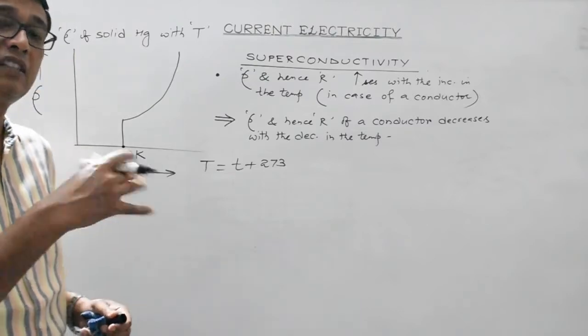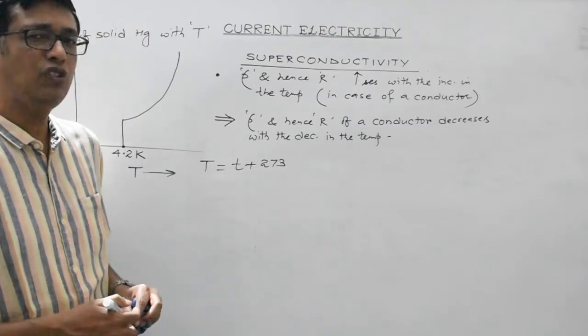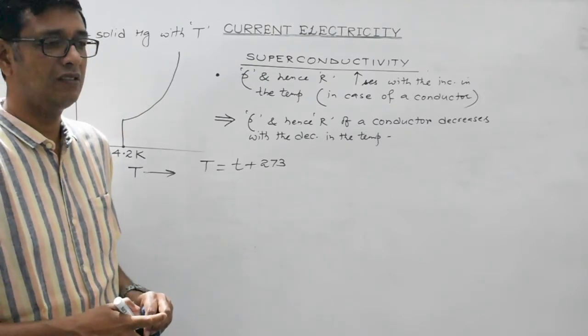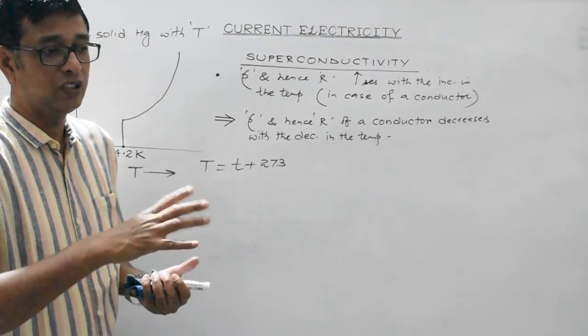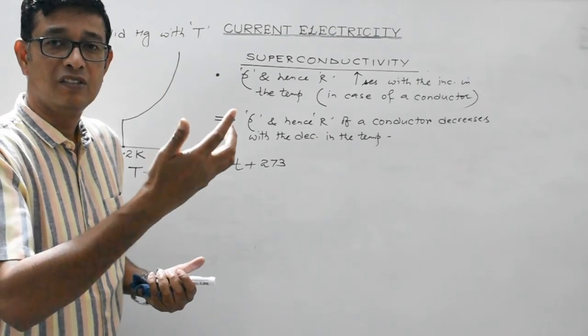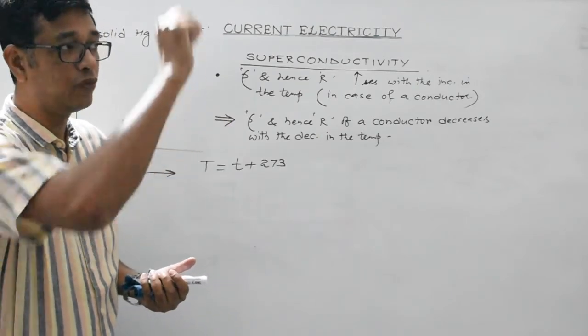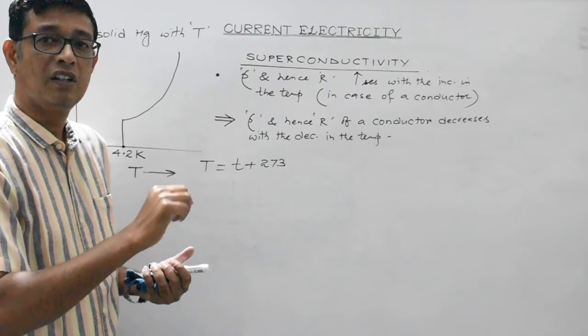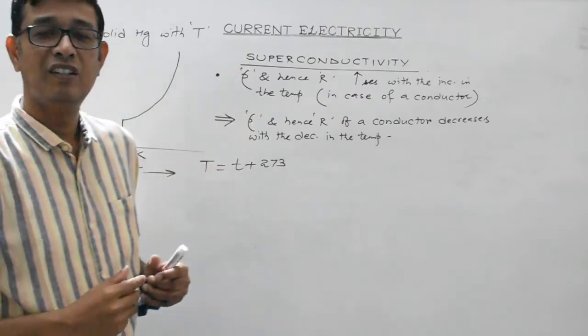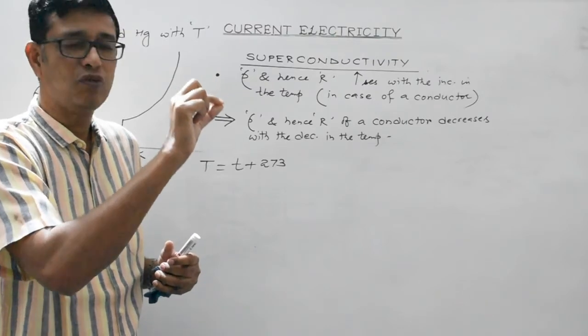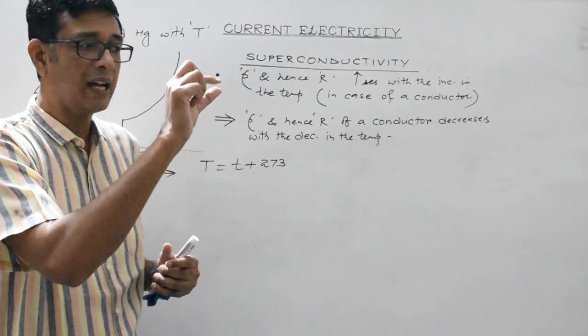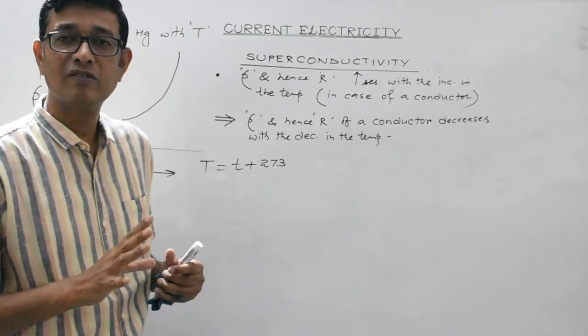So what happens at such low temperature? How does the resistance become zero? Let's theoretically interpret it. I have told you, students, with the increase in the temperature, the positive ions start vibrating more vigorously and with greater amplitude. Consider the reverse scenario. Now with the decrease in the temperature, the vibrations will be very small and the amplitude will be extremely small.